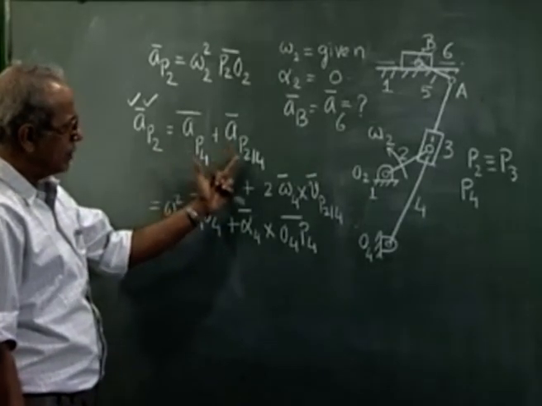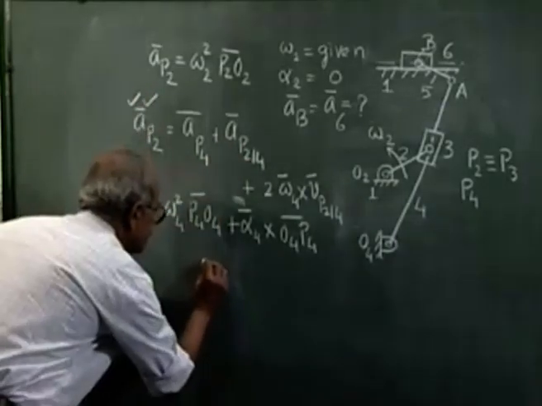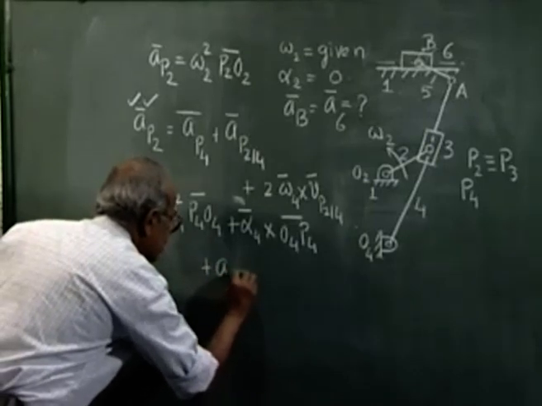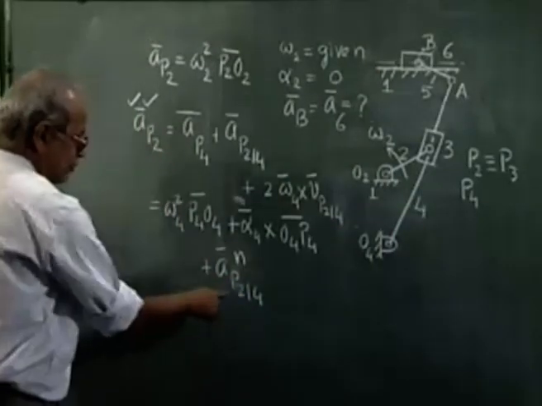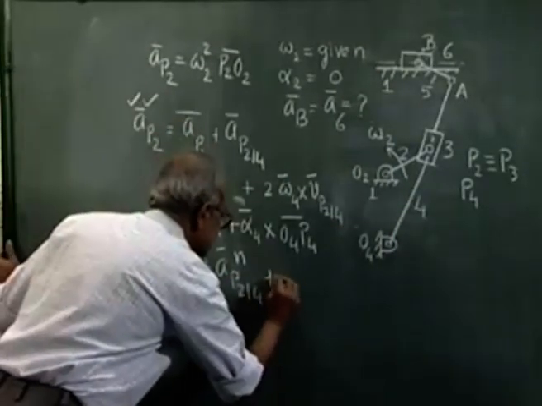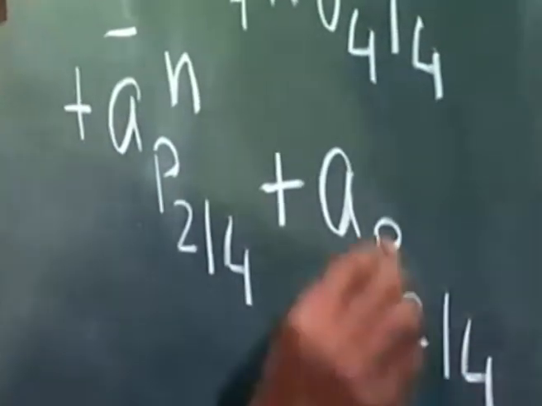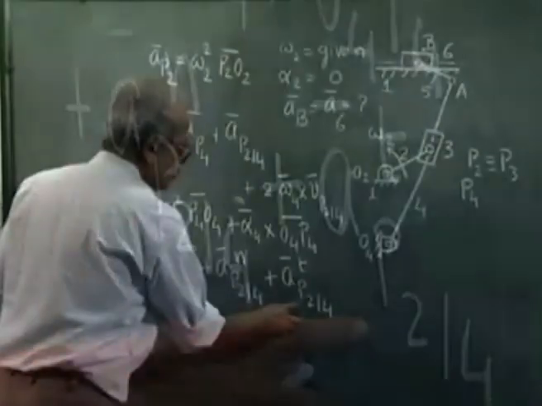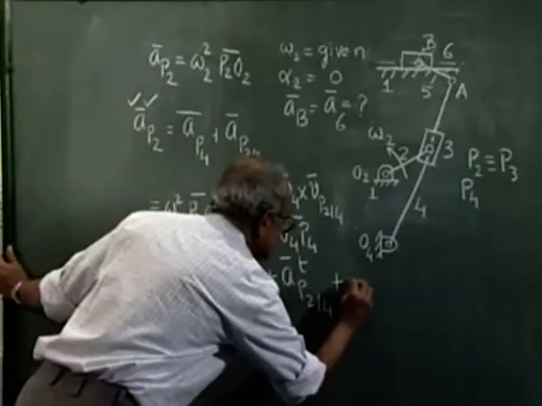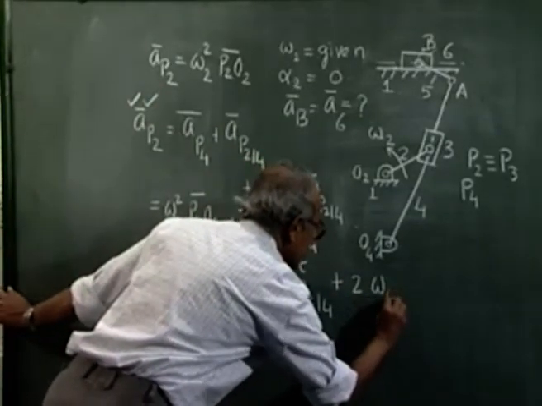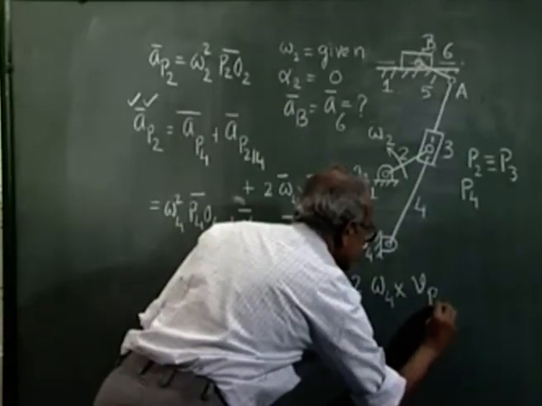Then we have AP24. This has two components. One is AP24 normal to the path of P2 in body 4 plus AP24 tangential to the path of P2 in body 4 plus the Coriolis acceleration, that is twice omega 4 cross V P2 4.